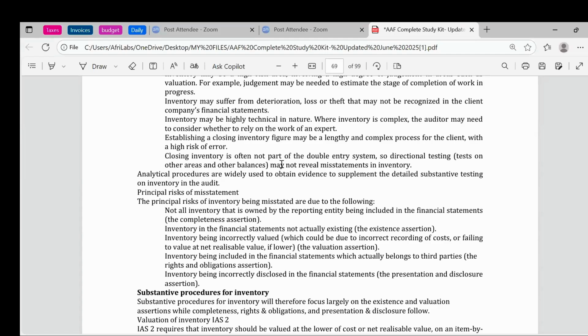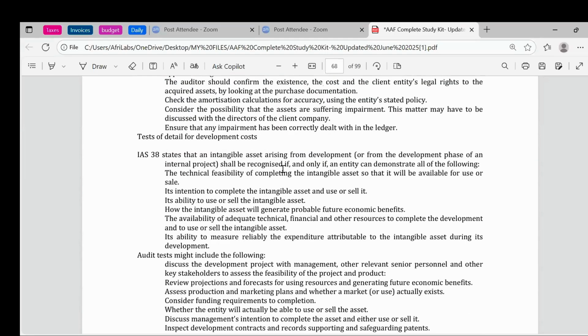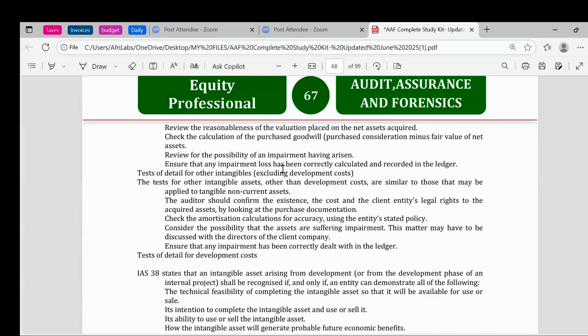See this material I'm opening? Pick it and read the chapter like a storybook. Like the 4 chapters that talk about your substantive tests, introduction, current assets, non-current assets, and others. Just read it like a storybook.